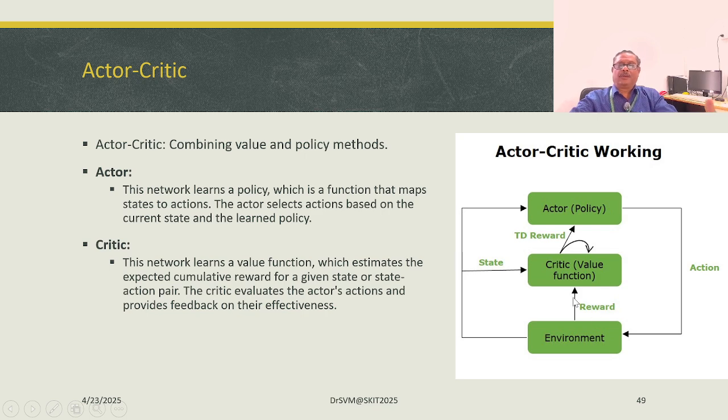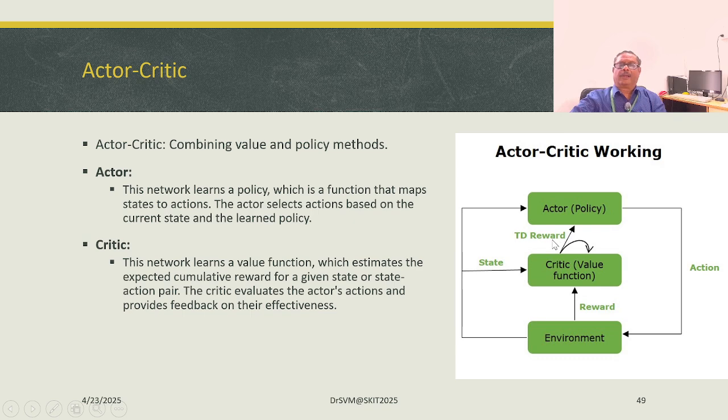Is this going in a positive direction or a negative direction? That is the temporal difference between the rewards. The previous reward and current reward, the difference between them for the same state is computed, and then the feedback is given both to the critic as well as the actor.